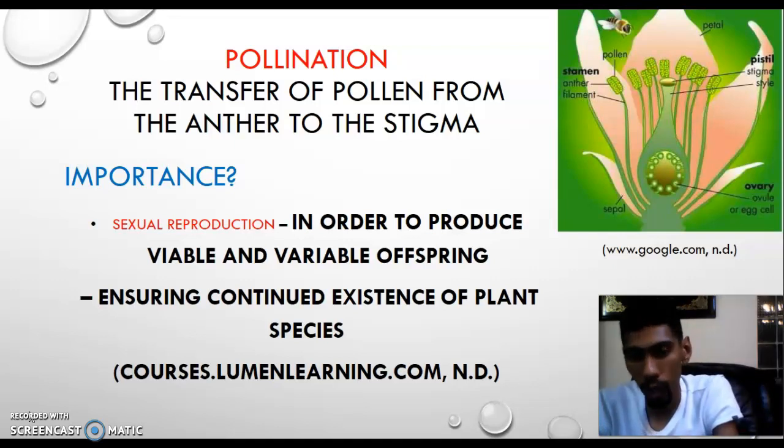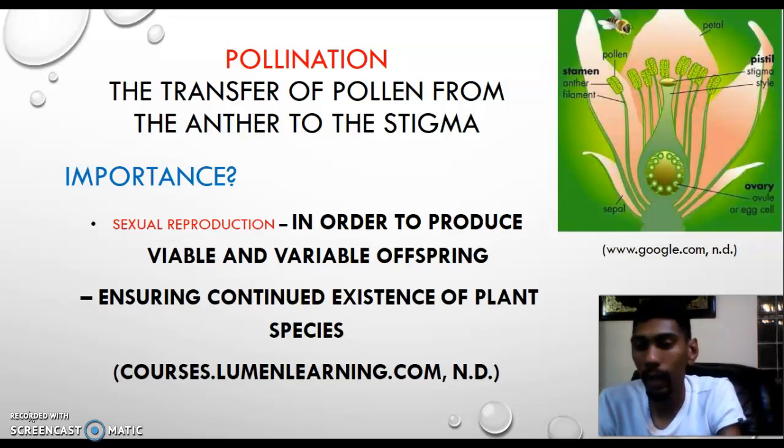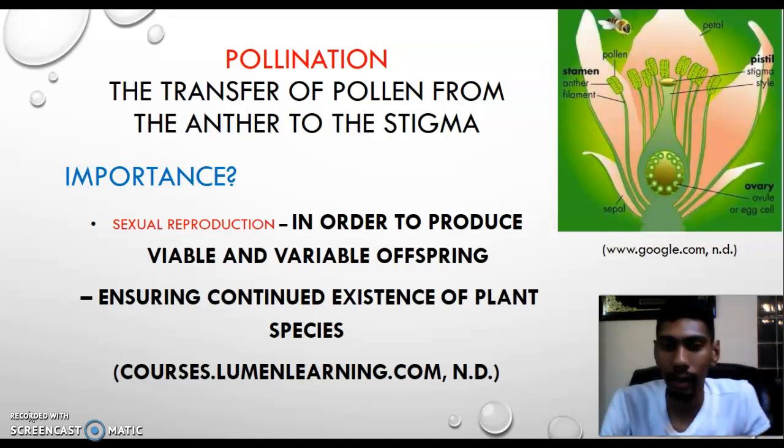So that is to keep the species alive, and variable, meaning to create different types of species. Sexual reproduction is also important to ensure the continued existence of a plant species, like I said before, so that they do not become extinct.